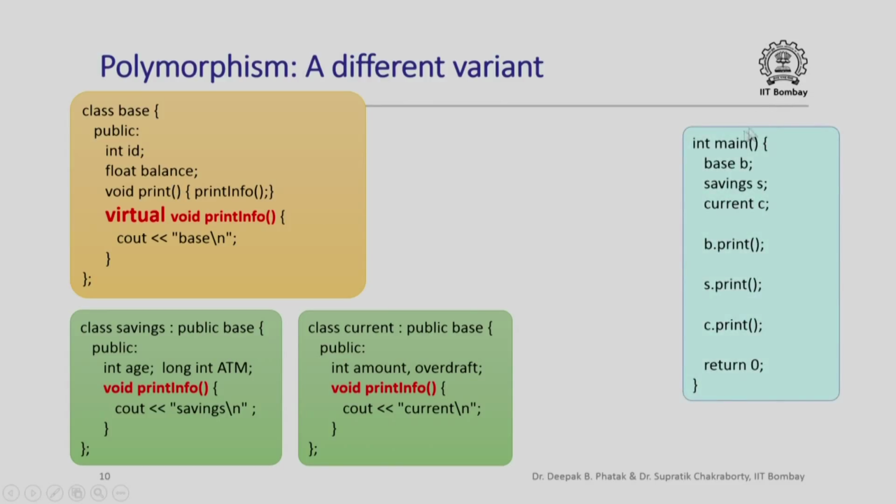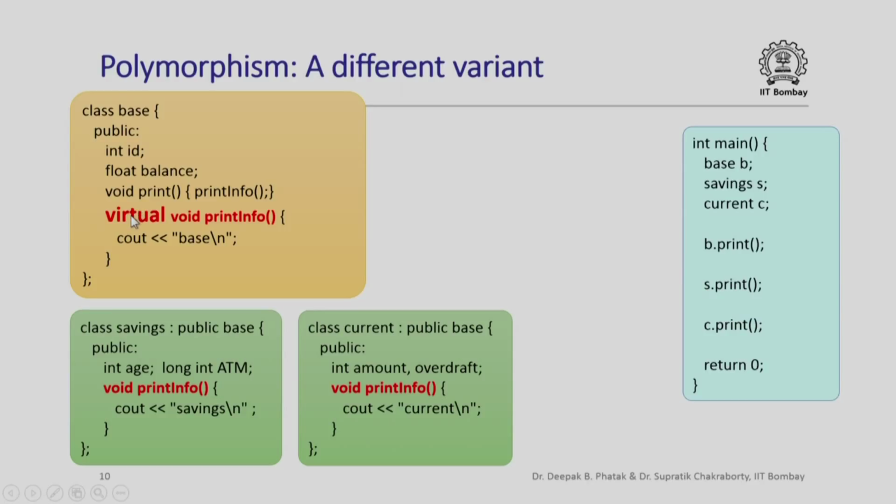So, to illustrate this, let us look at this program. Here I have 3 different objects of class base, savings and current. Here I am calling b dot print. b is an object of class base, so it must directly call the print method, and in the print method I see an invocation of print info, and print info is declared as virtual.